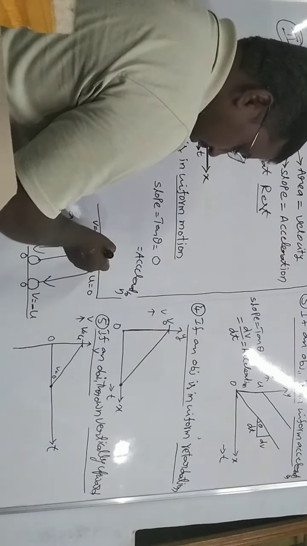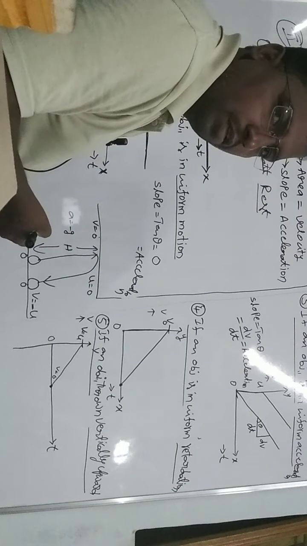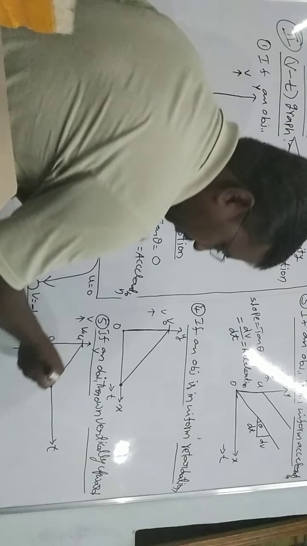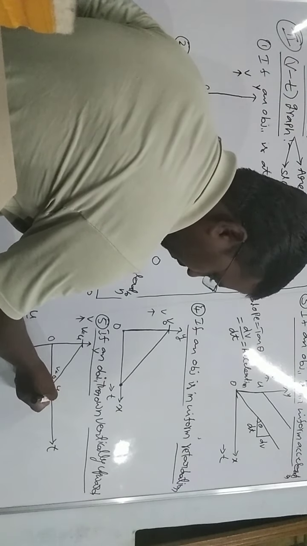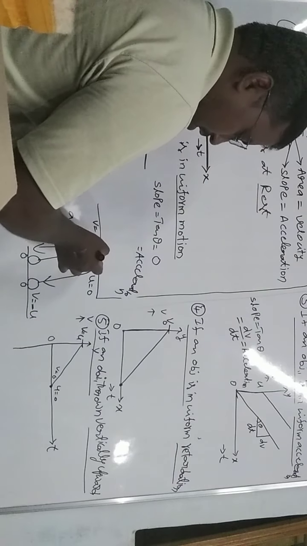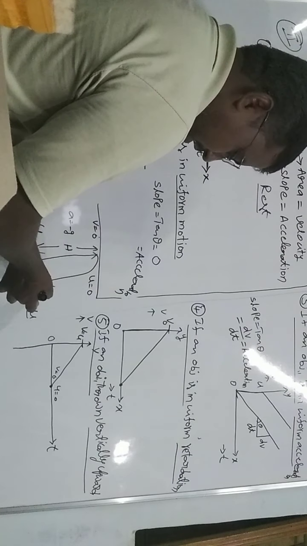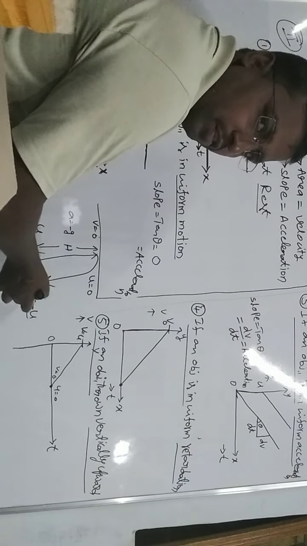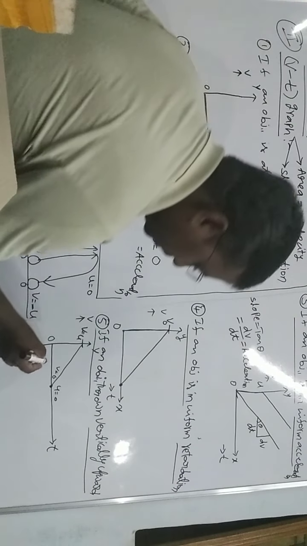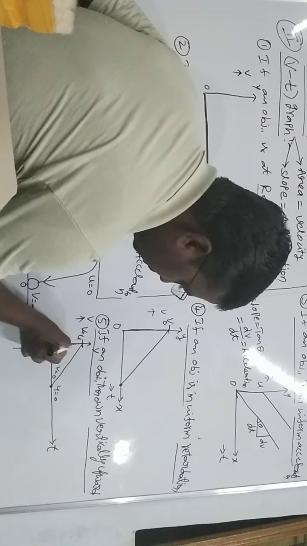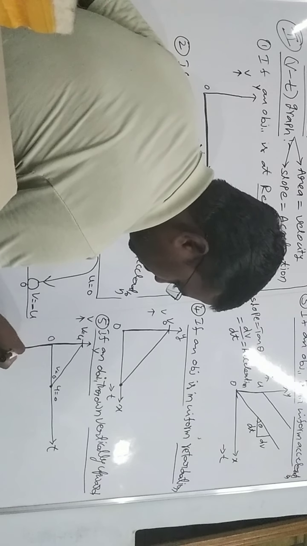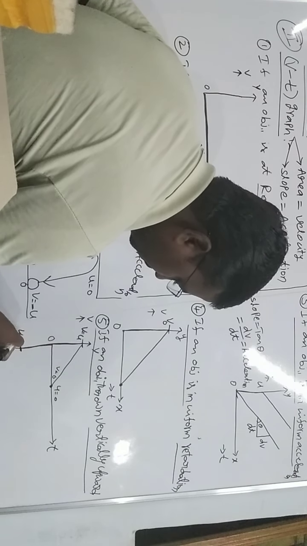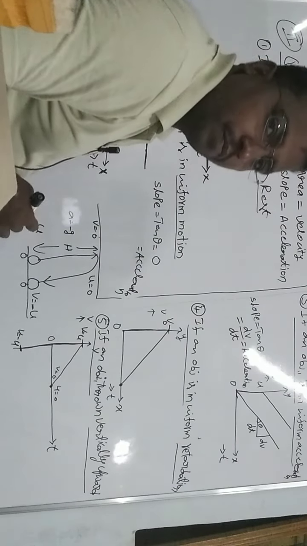Now again it is converted to a freely falling body, so at this point u equals 0. The object will reach the ground with velocity v equal to minus u.